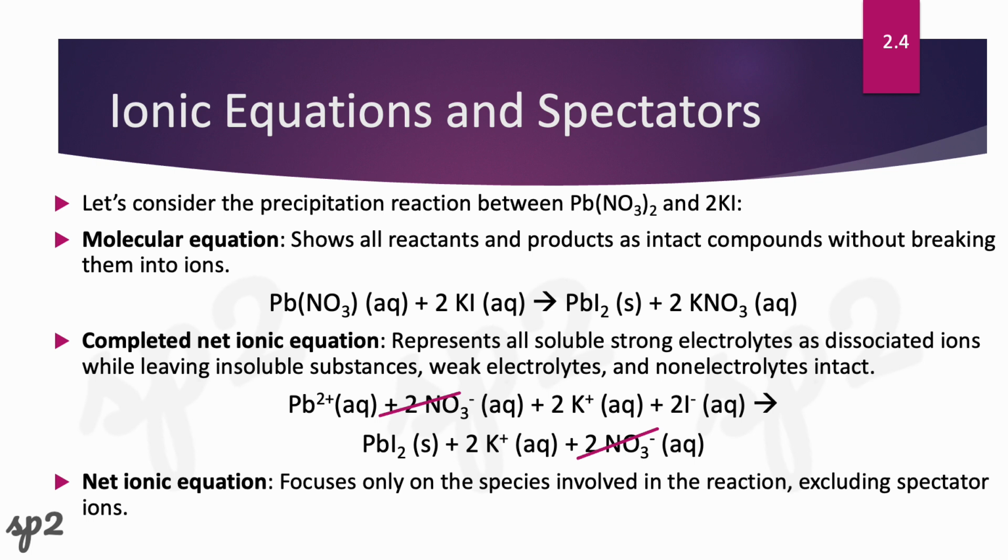I can cross it out. I have my potassium, which is another spectator. So you can remove all of your spectators. Whatever is left over represents your net ionic equation. So the actual ionic interaction between these two cations and anions is the reason that we are forming this precipitate, right?